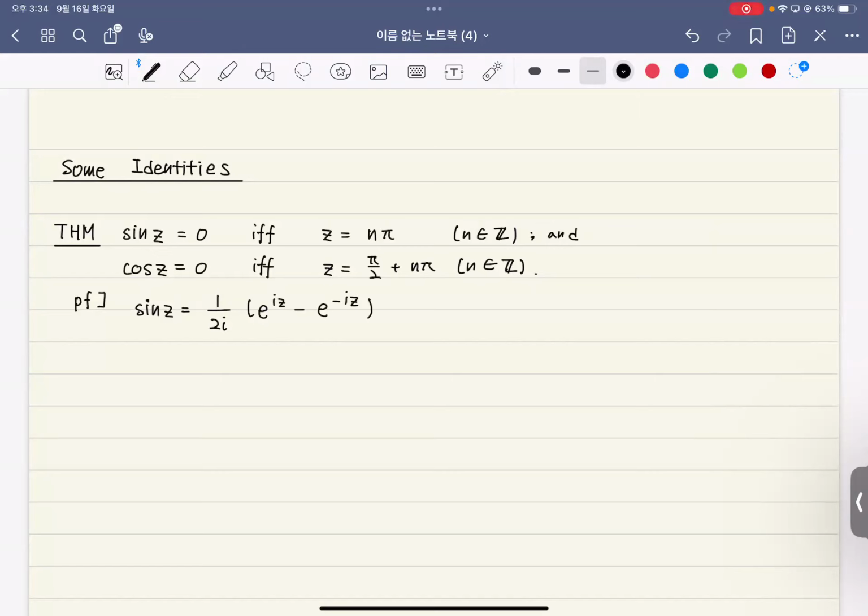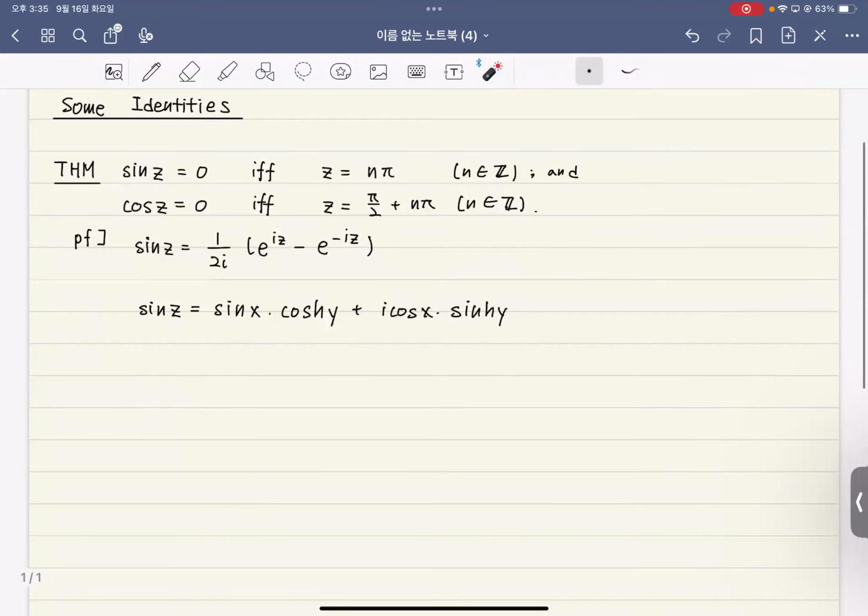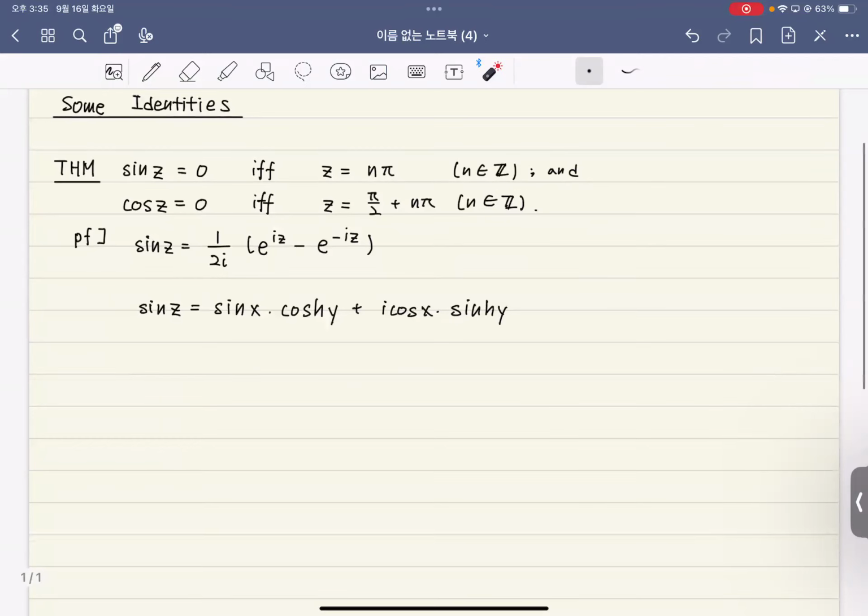And from the last lecture, we found out that sine of z was the same as sine x times hyperbolic cosine of y plus i times cosine x and hyperbolic sine of y. This was very basic algebra, so I'm not going to repeat this. Now I want to find the modulus of this complex number.